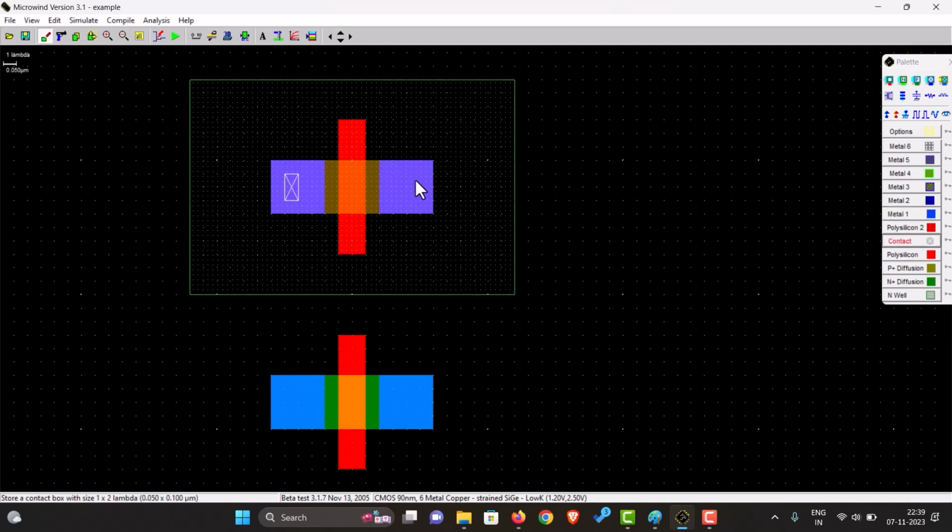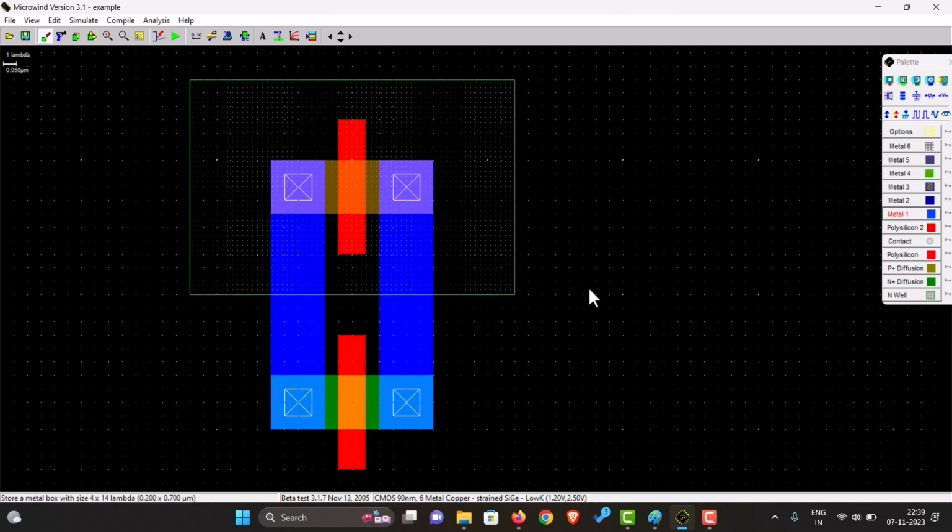We can give them contacts. And the drain and source are also connected. Let's give a VDD to the N-well.